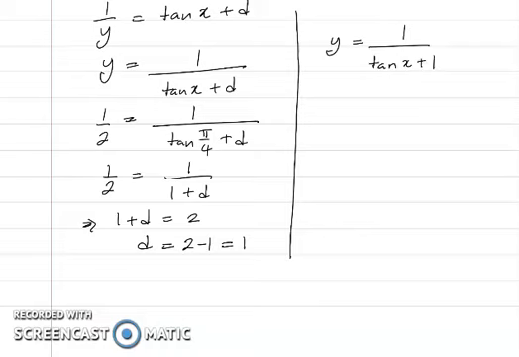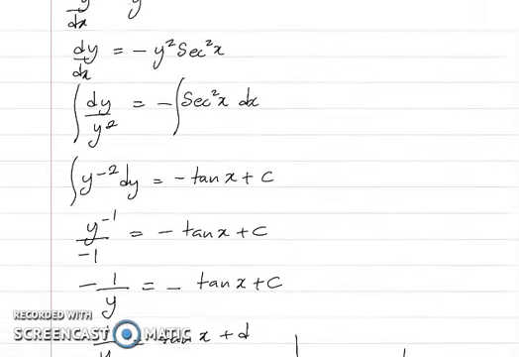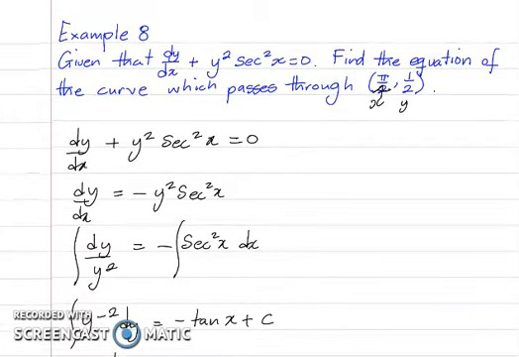That is a particular solution. All right, so there was an error in writing the question. The boundary condition was not pi by 2 a half. It was actually pi by 4 a half. If it was pi by 2, you'll encounter serious problems.